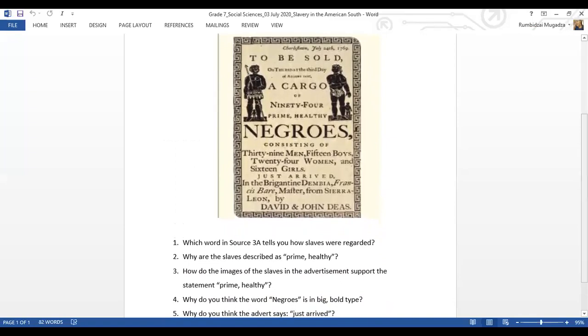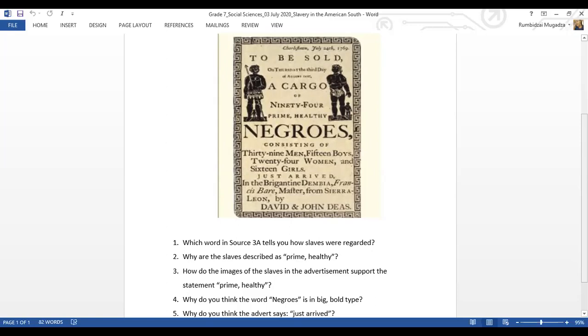Question 1, which word in source 3A tells you how slaves were regarded? Number 2, why are the slaves described as prime, healthy? Number 3, how do the images of the slaves in the advertisement support the statement prime, healthy?